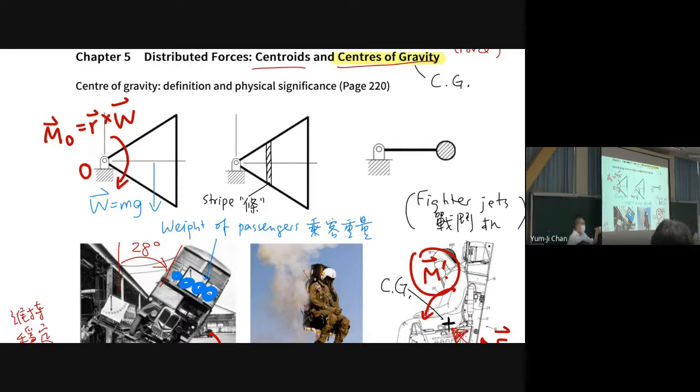The distance between O and this stripe is x, and the width of this stripe is dx.